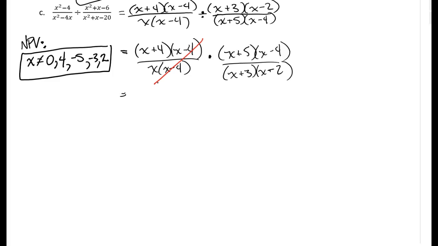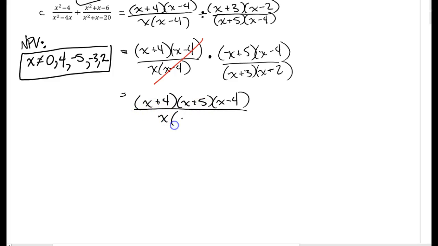And so I'm not going to expand my final answer in this scenario because it's just going to be a little too messy. And we haven't really dealt with quartics or anything to any major extent. So I'm going to leave it as x plus 4, x plus 5, x minus 4, all divided by x times x plus 3 times x minus 2.